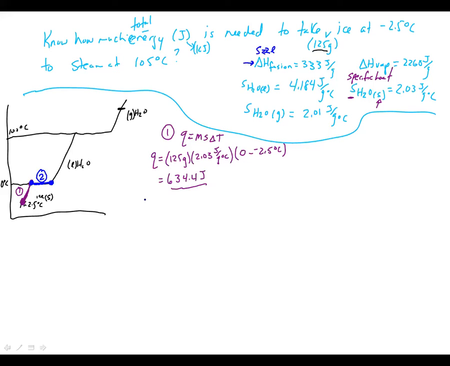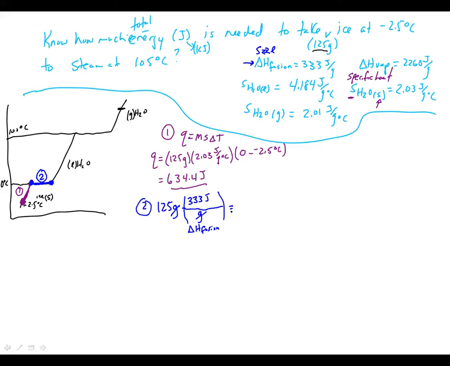So step number 2: we haven't spilled anything, so we still have 125 grams of water or ice at this point. Because we are going from solid to liquid, that's an endothermic process, so this 333 joules per gram will be a positive number. The grams will cancel each other out. Again, this is our delta H of fusion for water.